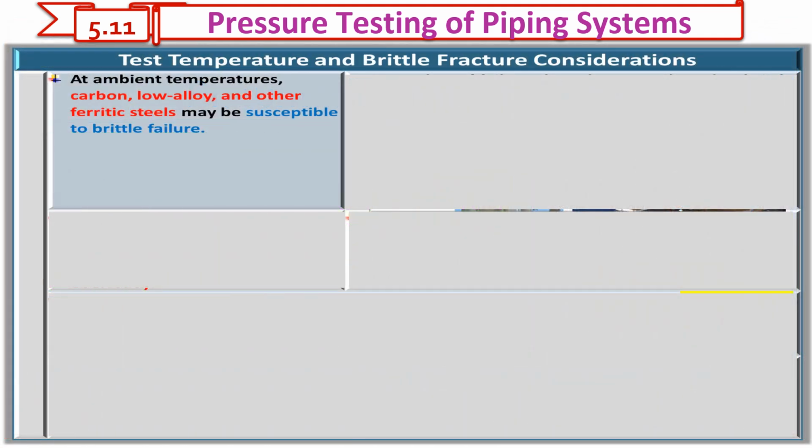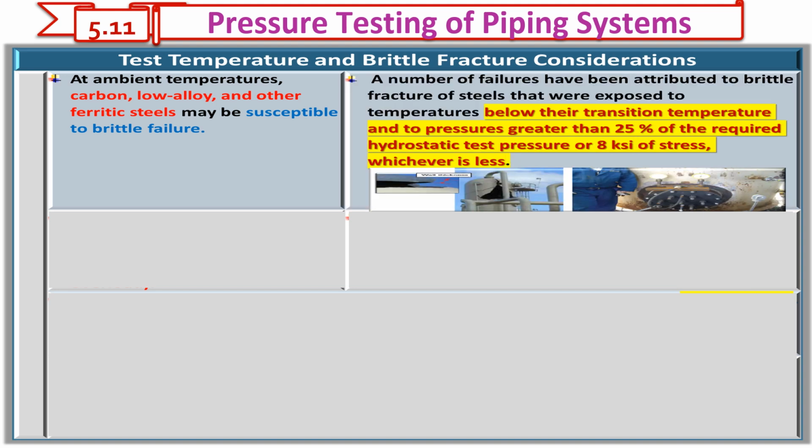Test temperature and brittle fracture considerations. At ambient temperatures, carbon, low alloy, and other ferritic steels may be susceptible to brittle failure. A number of failures have been attributed to brittle fracture of steels that were exposed to temperatures below their transition temperature, and to pressures greater than 25% of the required hydrostatic test pressure, or 8 ksi of stress, whichever is less.